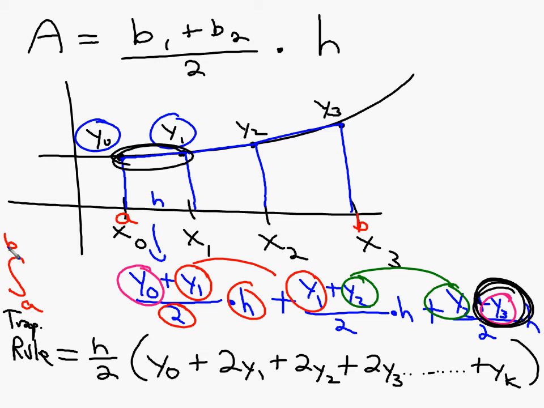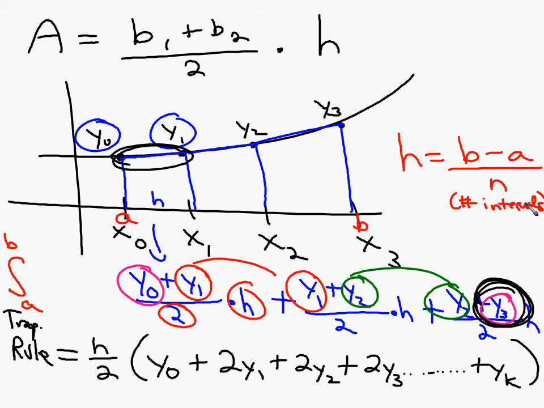Well, wouldn't h depend on how many intervals I had? Kind of like when we did LRAM. So let's make a note that h is going to be b minus a divided by n, and of course n is the number of intervals.